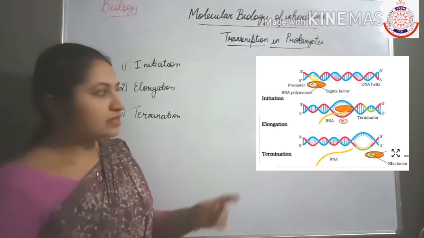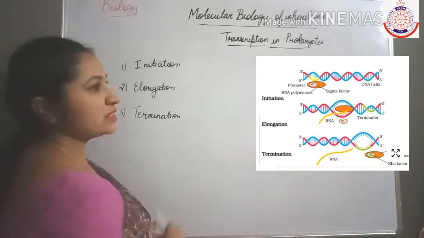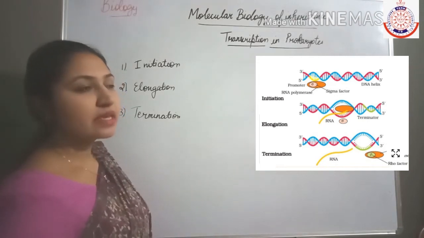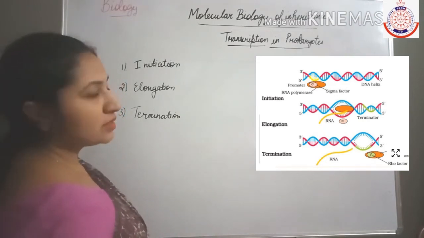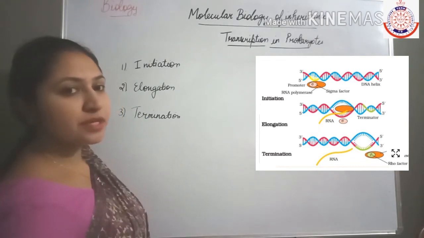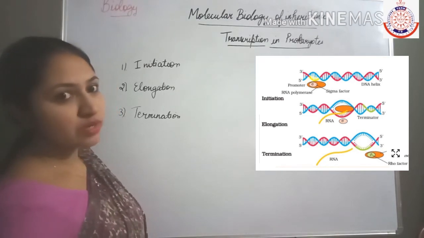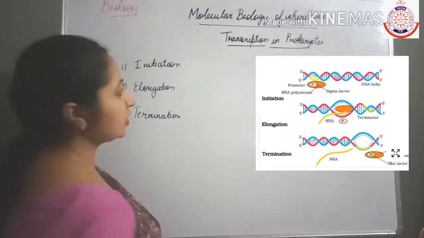As you can see in this diagram, the RNA polymerase will bind with the promoter region, which is present at the 5' end of the structural gene of the transcriptional unit.